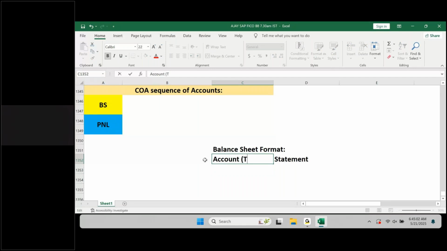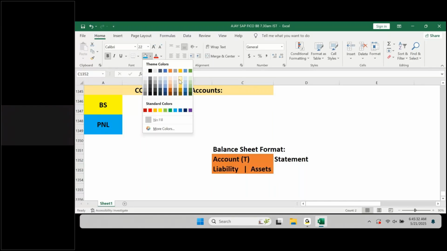Account, I will say T shape. Now here, how do you write? First, you will put liability, and then you will give a break. You will put assets. Is this right or wrong?